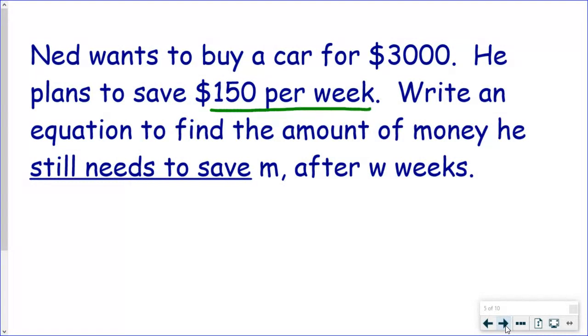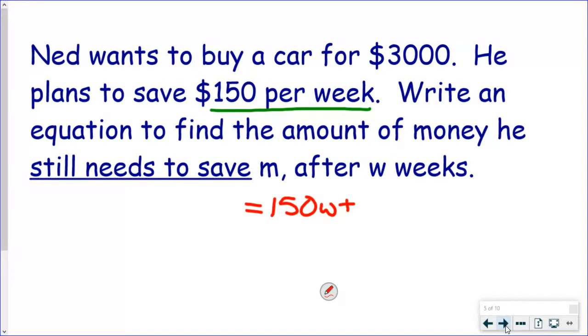Write an equation to find out the amount of money he still needs to save after w weeks. Okay, now let's think about this. So I know in my equation, it's $150 per week. The other two places I'm not sure.